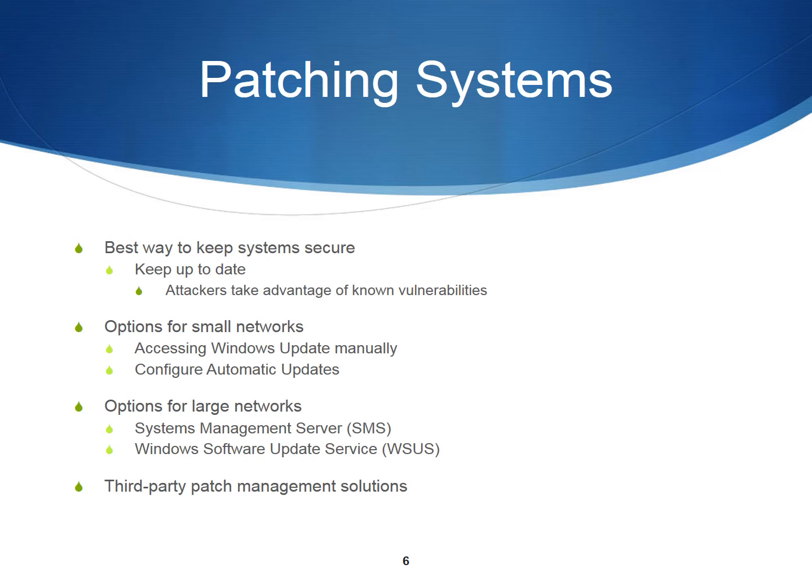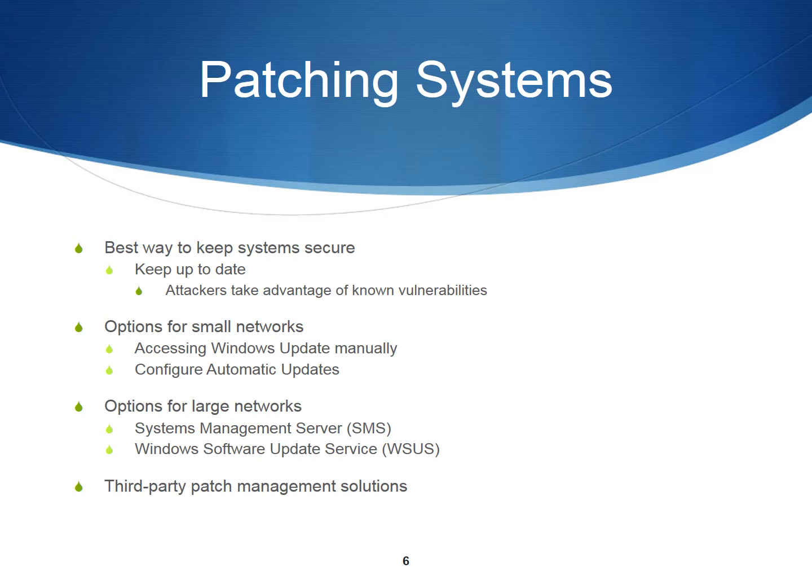Patching systems. Upgrading the OS is the best way to keep systems secure and up to date to keep attackers from taking advantage of known vulnerabilities. This is why companies using XP should be updating to Windows 7 or 8. Options for small networks would be accessing Windows Update manually or configuring automatic updates.